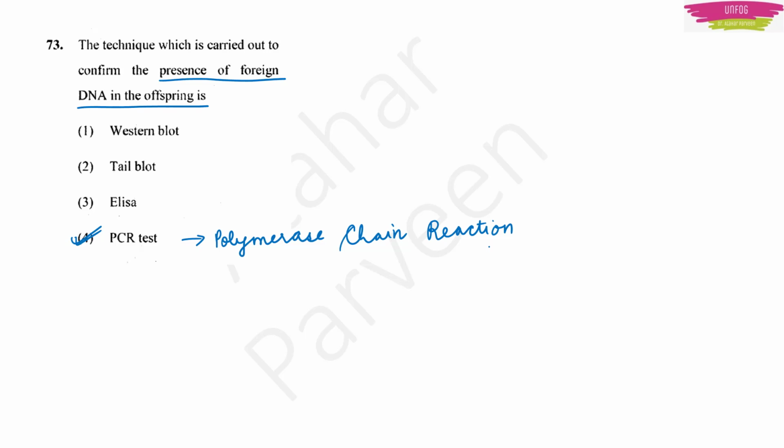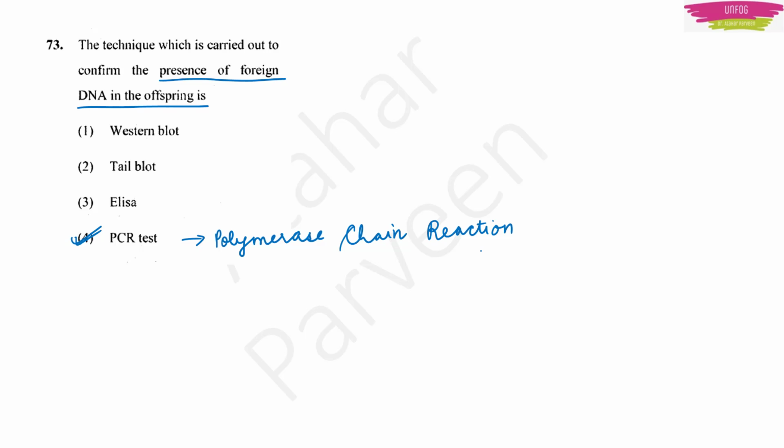What it does is it is used for amplification of DNA. Amplification means if there is one DNA segment present, then we can form hundreds and thousands of similar DNA segments by this test. It will generate millions of copies of a small segment of DNA. Now we want to find the presence of a foreign DNA in the offspring.